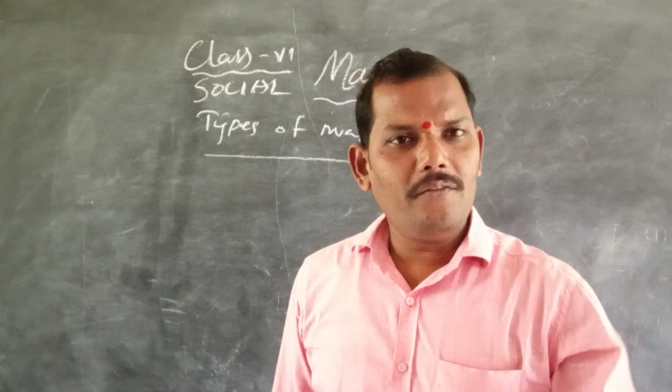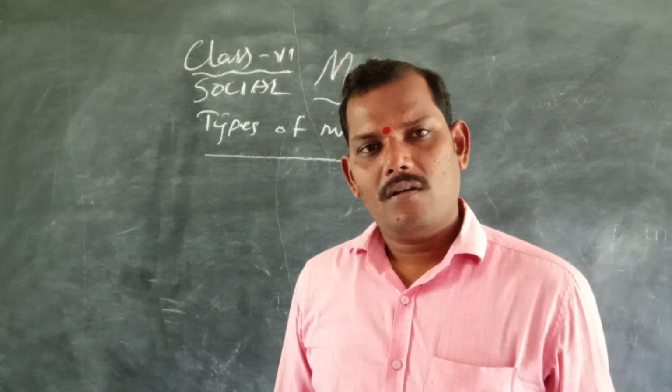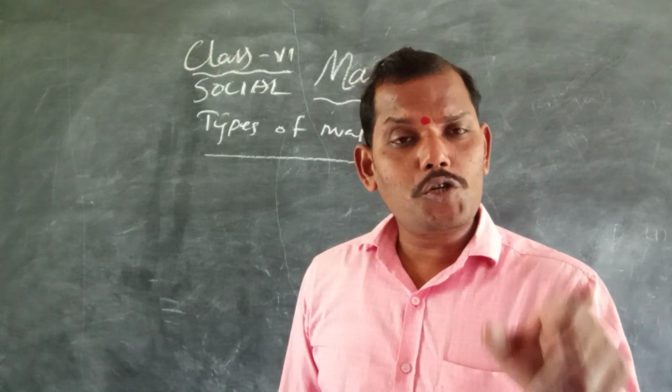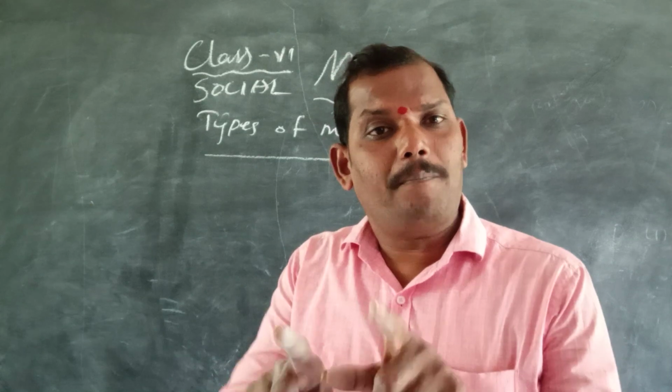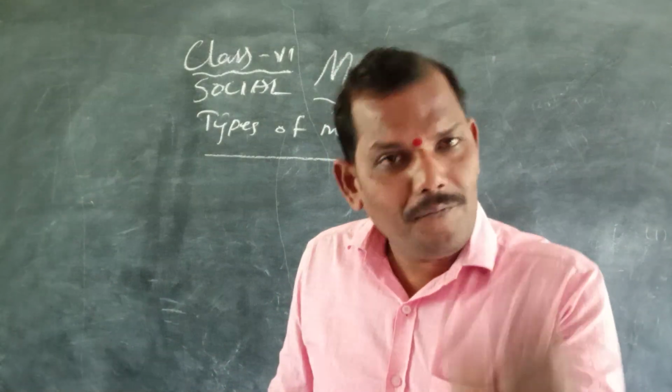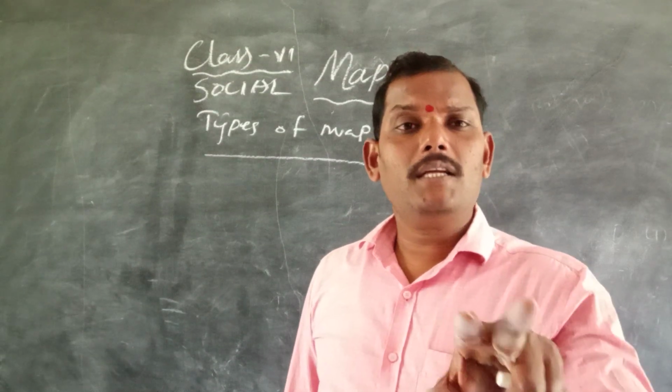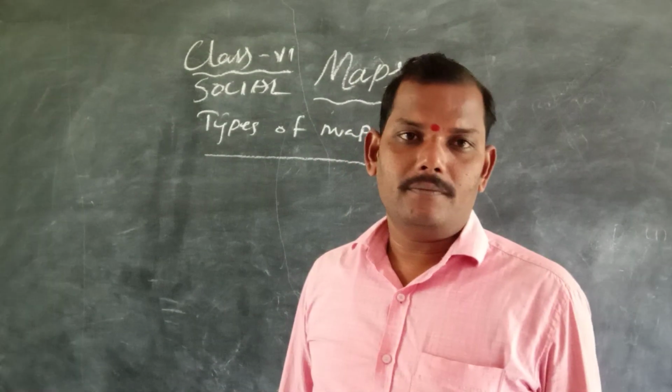These are all different variations, or not? It is not possible to show all areas on a particular map. Why? Because we are confused. That's why we are using different types of maps.